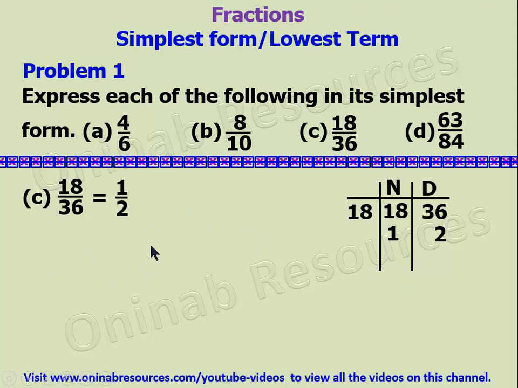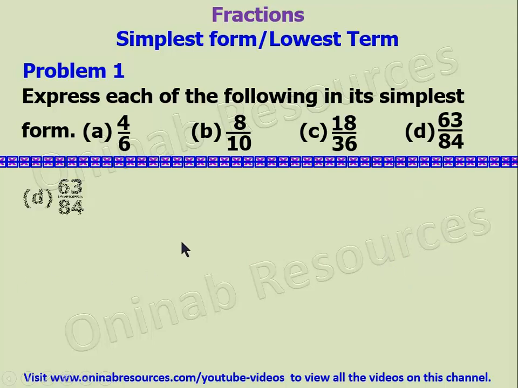We go to D part of the problem. Again, we create the table. This is numerator, denominator. Numerator here is 63 and denominator here is 84. It might not be immediately easy for us to get the largest number that can divide both 63 and 84.